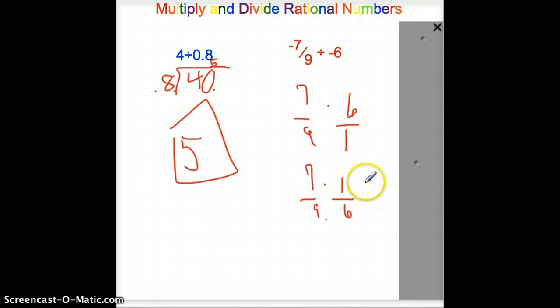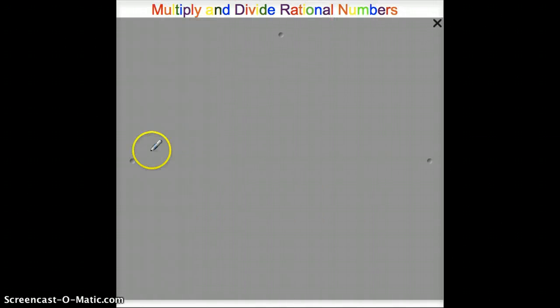Negative 7 times negative 1 equals 7, and 9 times 6 equals 54. So, the quotient is 7 over 54, and that can't be simplified.